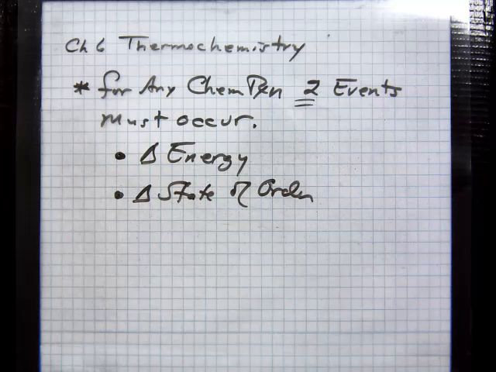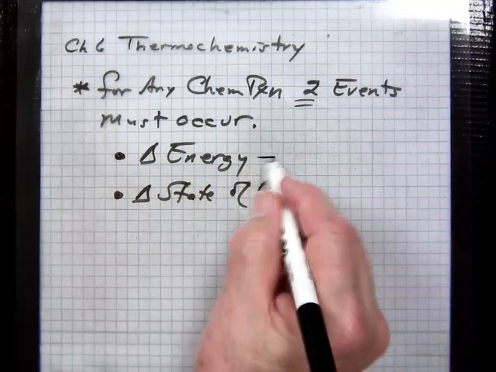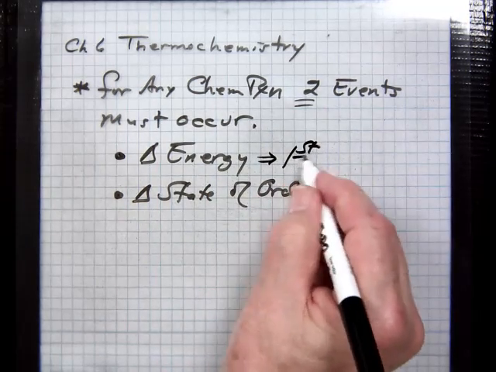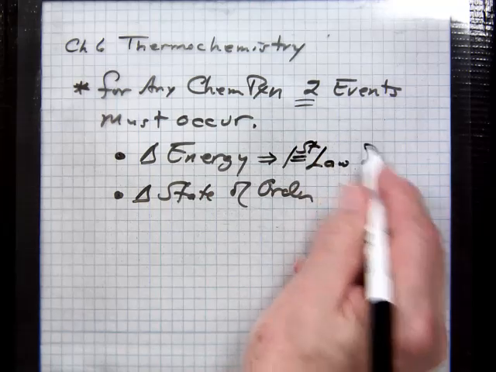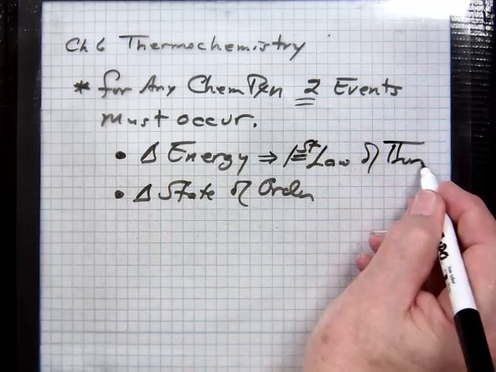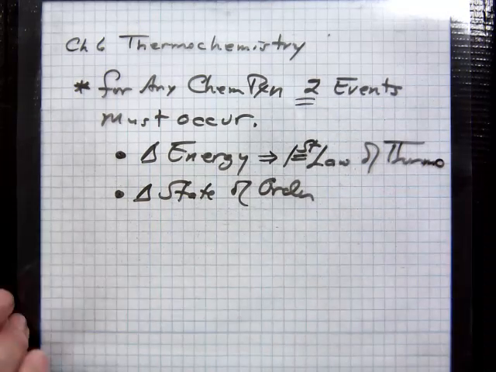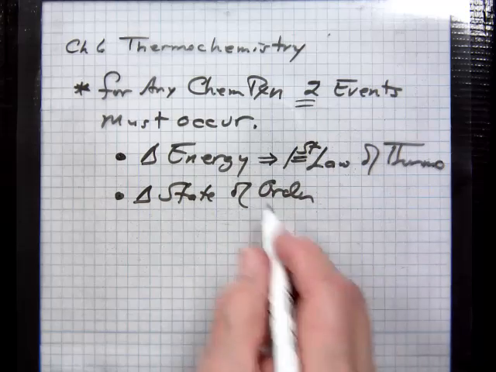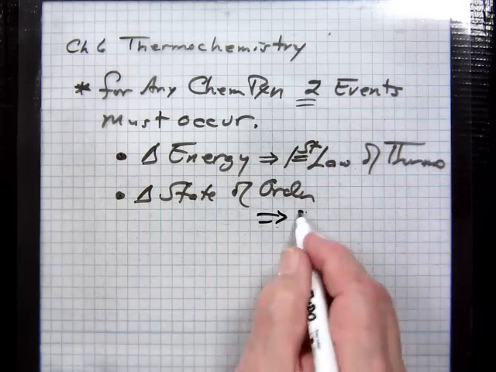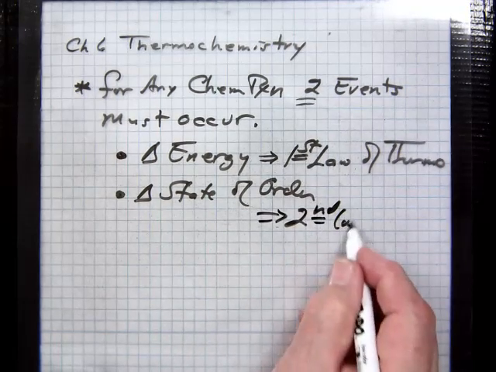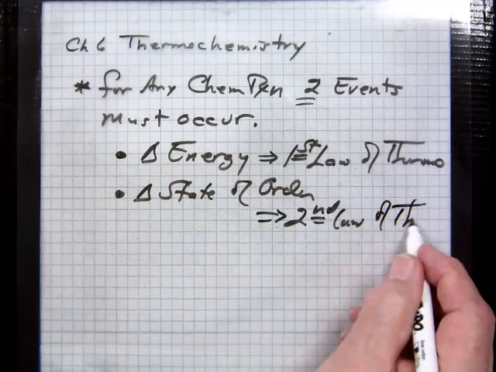The change in energy and the concepts that revolve around that idea give rise to the first law of thermodynamics. And the change in state of order gives rise to the second law of thermo.